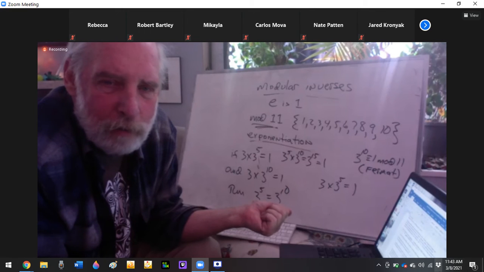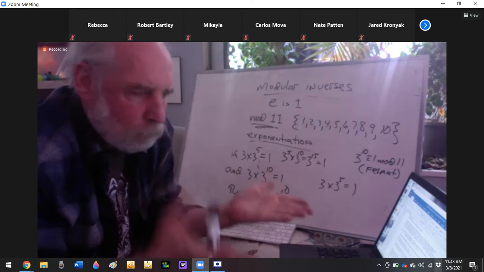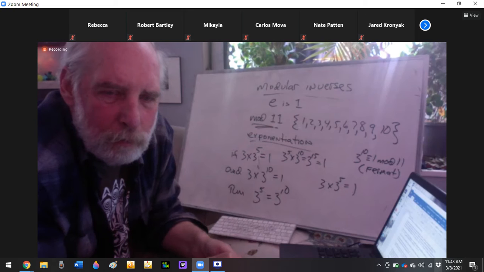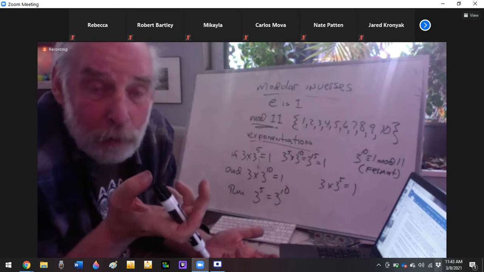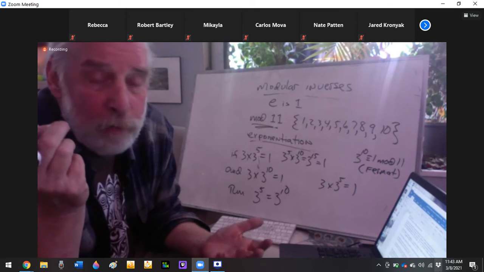What do green and yellow make? Any visual artists out there, color wheel stuff? What do green and yellow make when you add them or layer them? Anybody remember? Yeah, so green and yellow equals blue, right? And then there's an inverse.